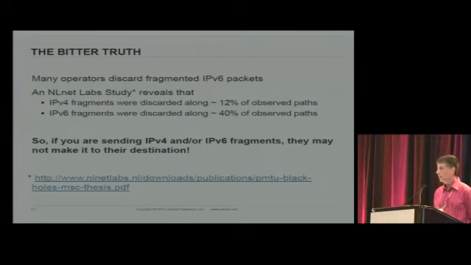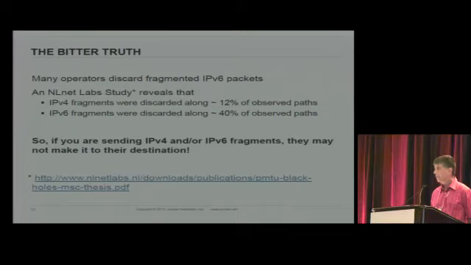Well, what they found, of observed paths, 12% that would pass IPv4 traffic would not pass IPv4 fragments. So for IPv4, 12% of paths will not let fragmented traffic through. We have no idea why they're dropping fragments or where they're being dropped, although I suspect it's at the network edge, at the enterprise.